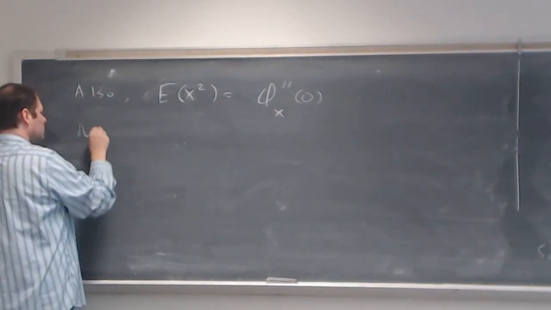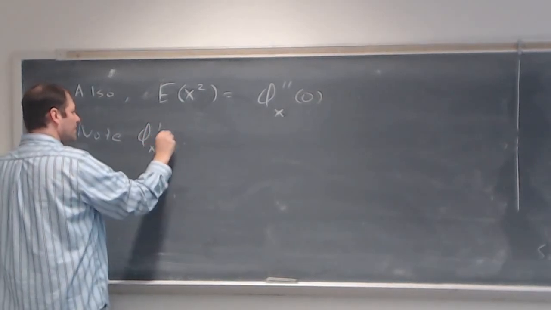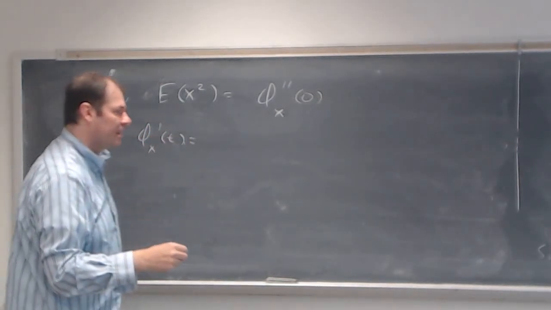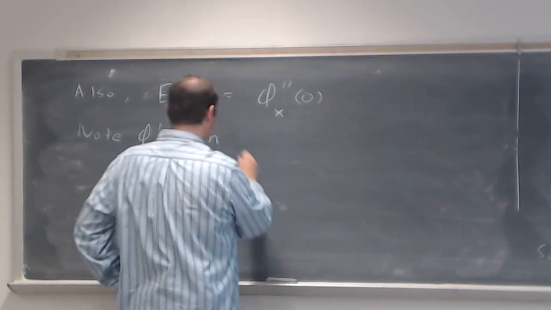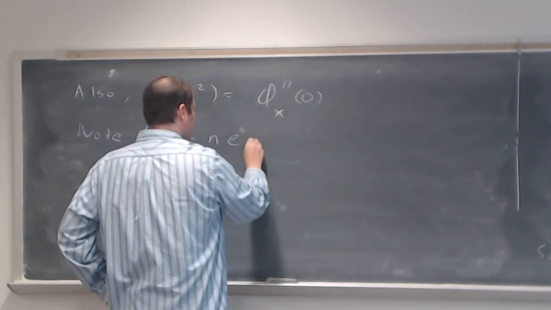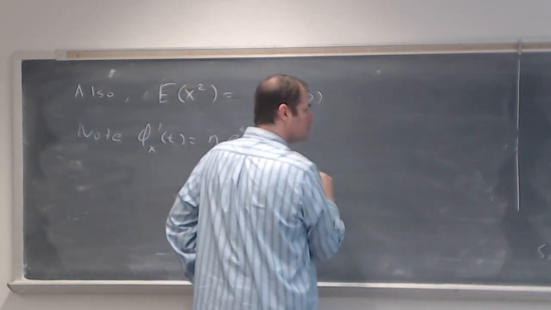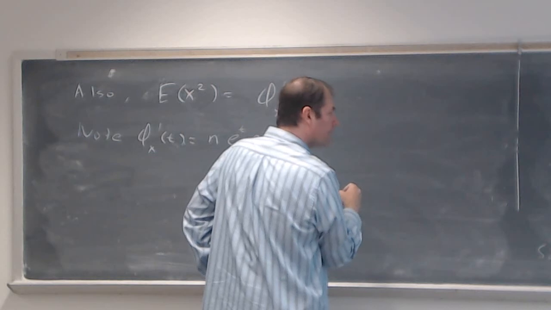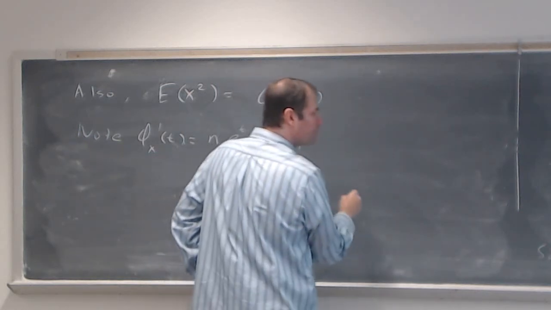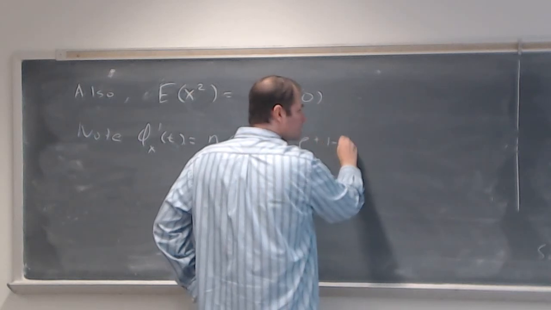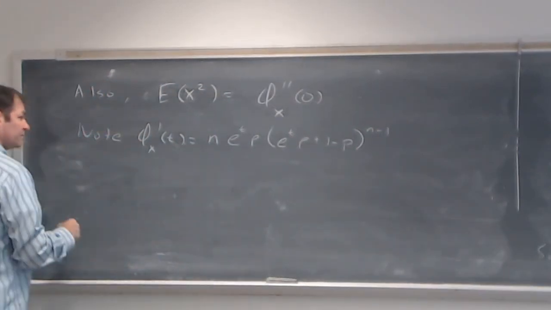Now, note phi sub x prime evaluated at t, we just did that, and I've got it written down here. n, I'll rewrite it this way, times e to the t times p, all that times e to the t times p plus 1 minus p to the n minus 1. We did that just a few seconds ago.